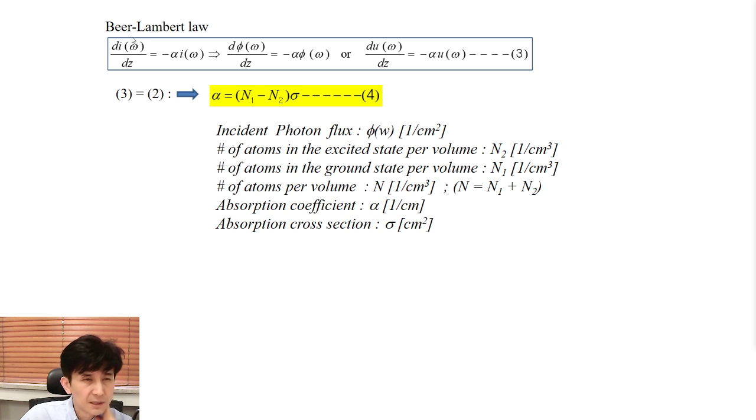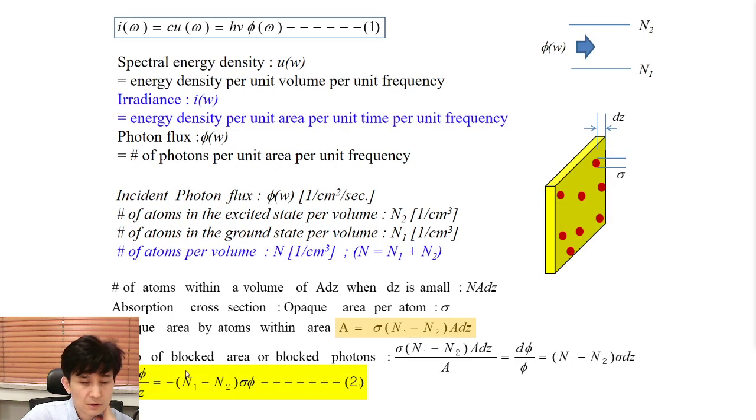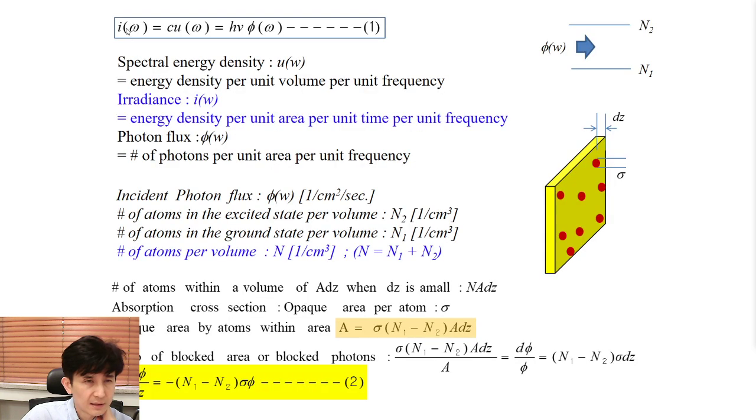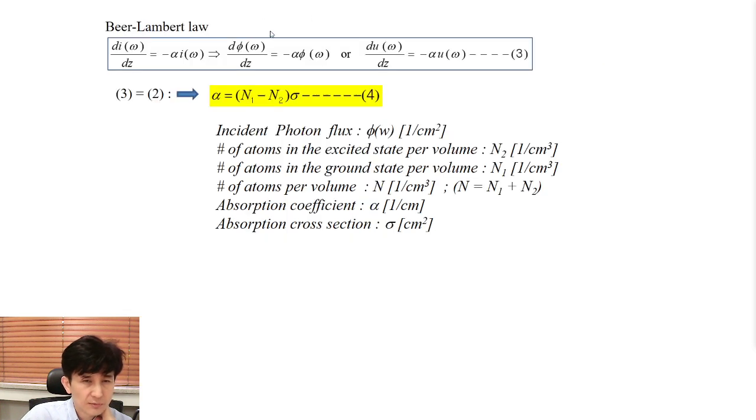Last time we derived the Beer-Lambert law: dI over dz is equal to minus alpha times I, where alpha is the absorption coefficient. If we compare this with equation 2, and replace I with h nu phi, then we have a similar relation, d phi over dz equal to minus alpha times phi.